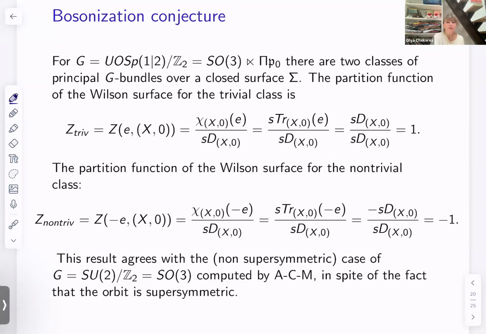But we expect different values for the partition function in case there is an odd counterpart to the Cartan subalgebra.